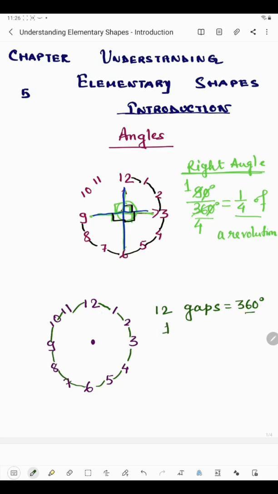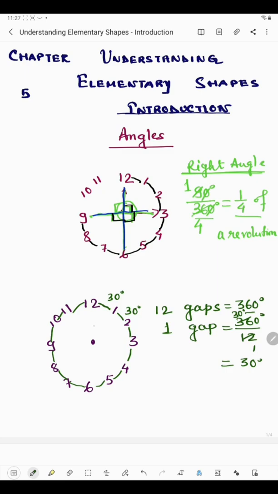That means what will be the measurement of one gap? It's 360 degrees divided by 12. 12 threes are 36, so it's 30 degrees. That means 12 to 1 is 30 degrees, 1 to 2 is 30 degrees, so each gap is 30 degrees.